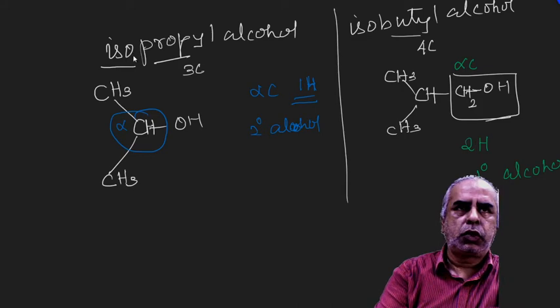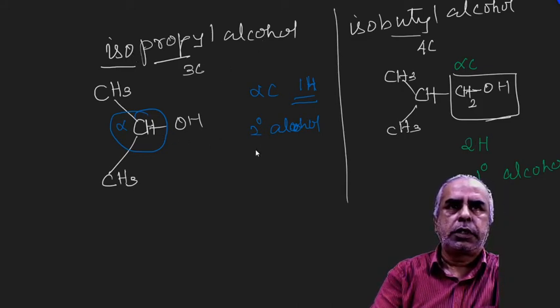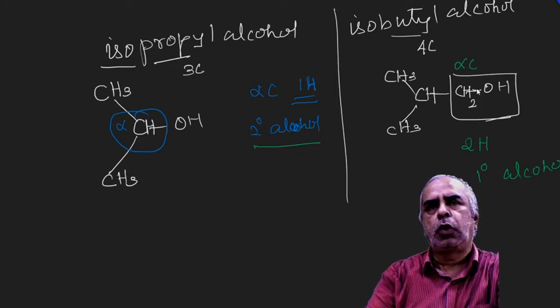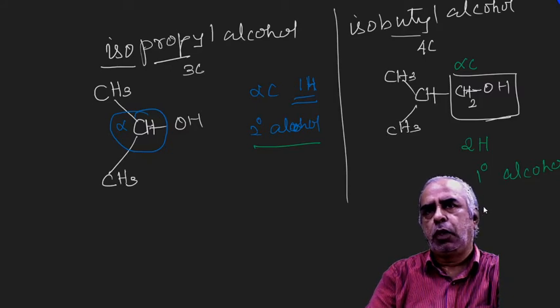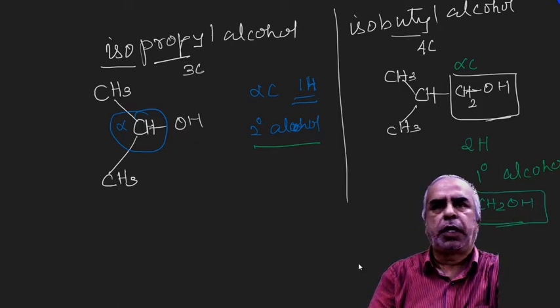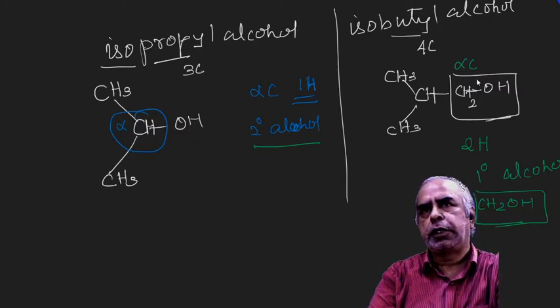So isopropyl alcohol is the secondary alcohol, whereas isobutyl alcohol is the primary alcohol. Why? Because this is in the form of RCH2OH, so RCH2OH means this is a primary alcohol, because the branching is in the side chain only.